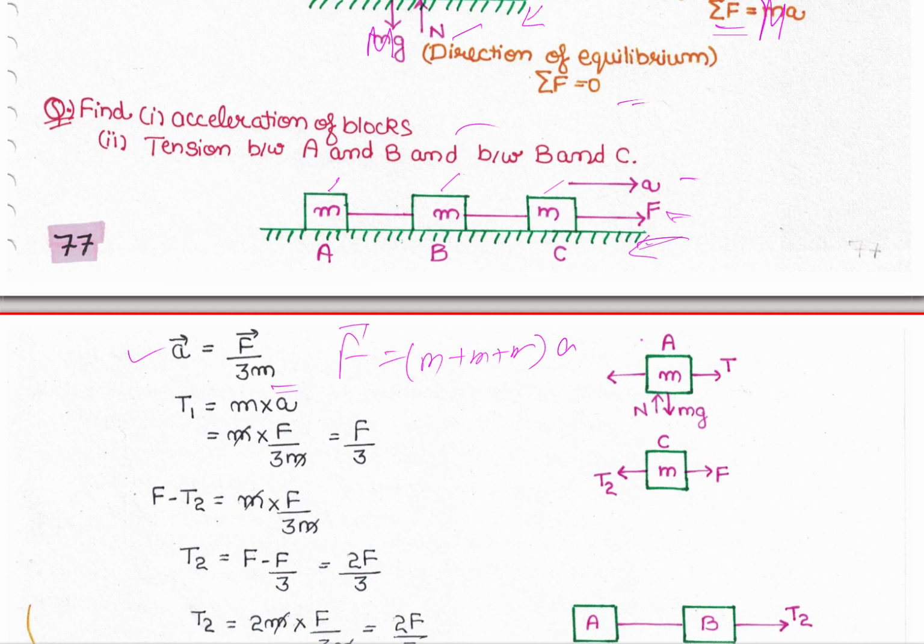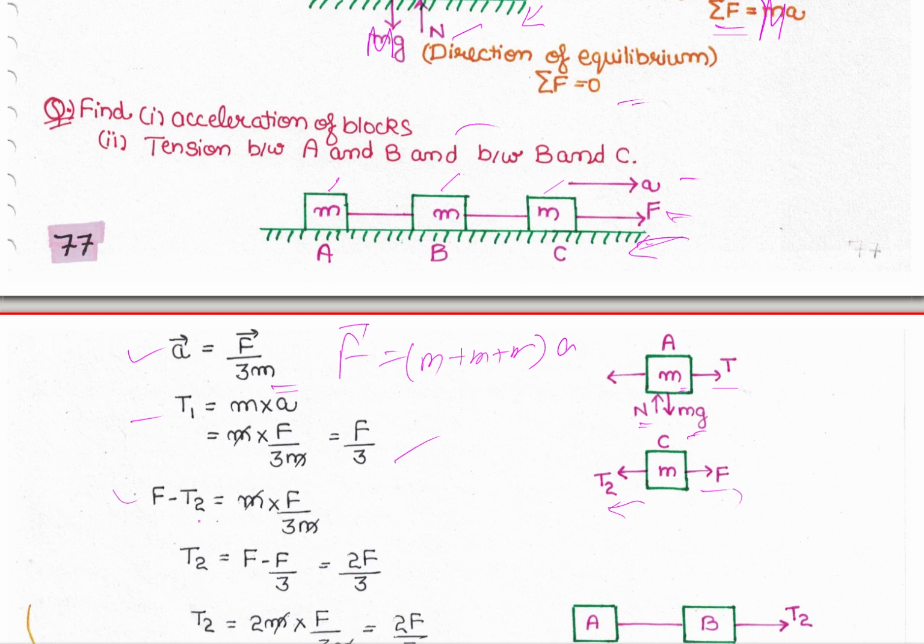If we make a free body diagram like this, for a small m, it has a tension T, its normal force is N, and its weight is mg. Or we can write on body C, F in this direction and tension along this direction. So T1 is equal to m into A, or if we simplify this, we get T1 is equal to F by 3.